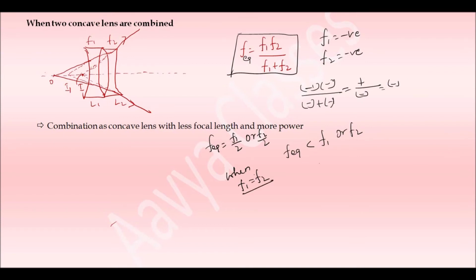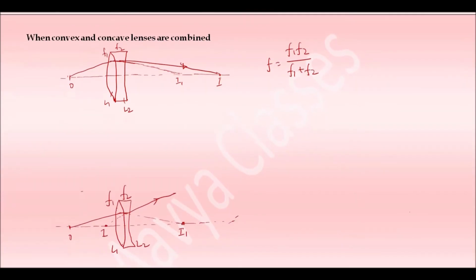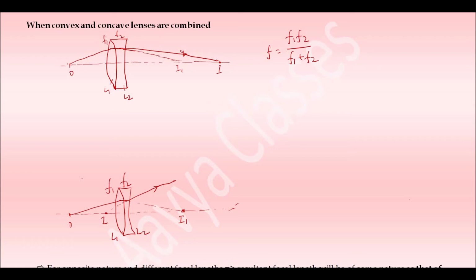So clearly the combination has less focal length, and as power is inversely proportional to focal length, we will have more power. Now we'll see the next case, and the next case is very interesting: when we combine one concave and one convex lens. So when convex and concave lenses are combined, then we get either a convergent lens or a divergent lens, or a lens having zero converging or diverging power.